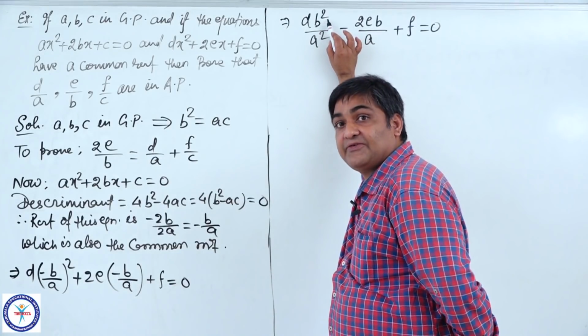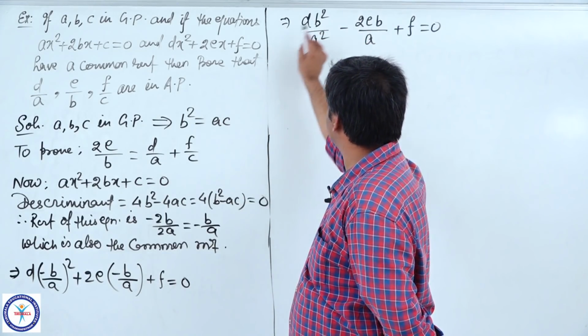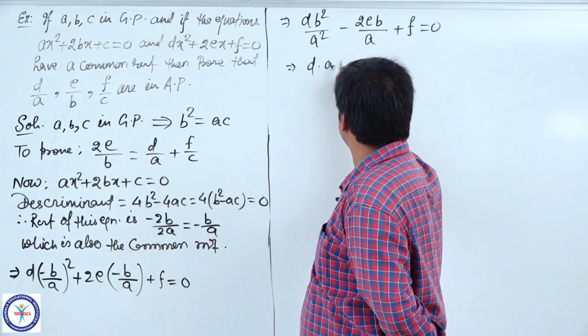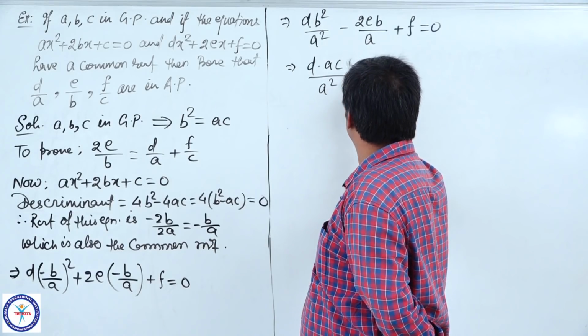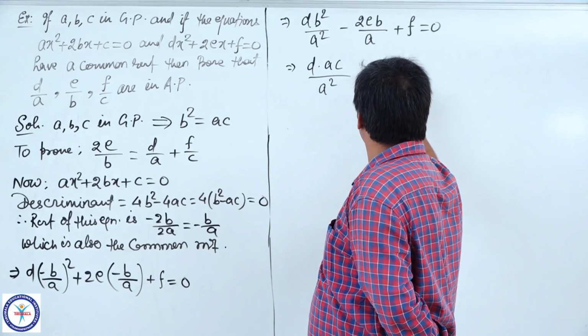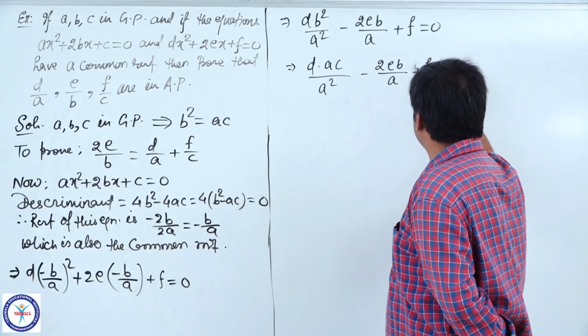What is b²? b² is nothing but ac. So we can write d·ac/a² - 2eb/a + f = 0.